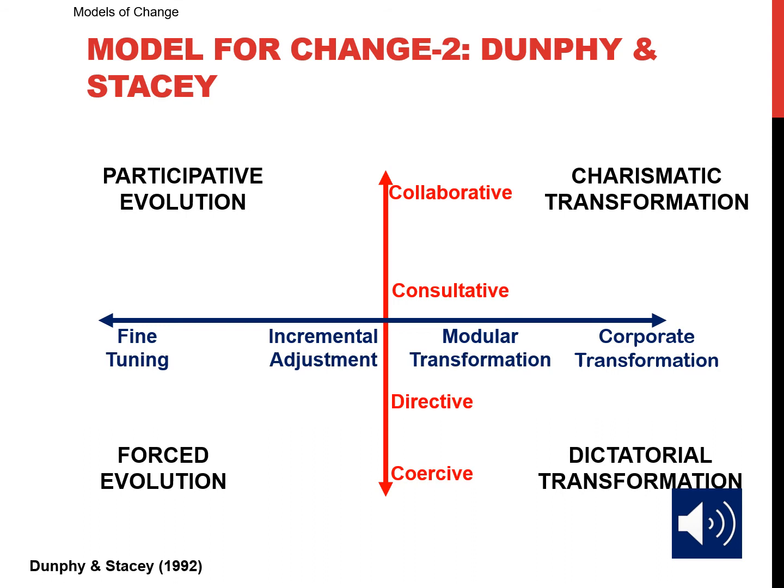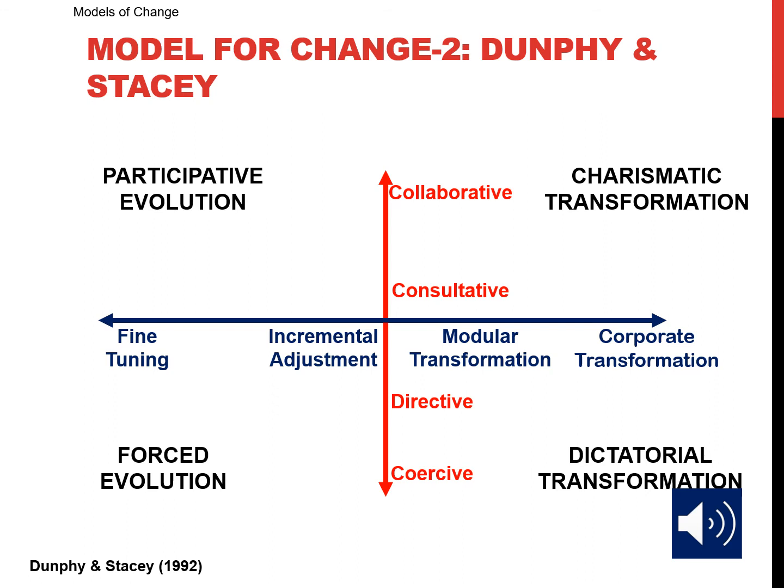The next style of implementation of change is what we call charismatic transformation. Charismatic transformation, as you can see on the slides, is when there is collaboration, people agree regarding what and how to do the project, but the project is very large. It involves a whole transformation of the organization.